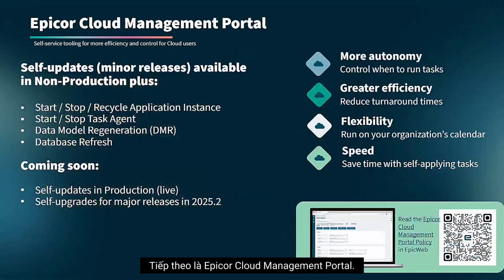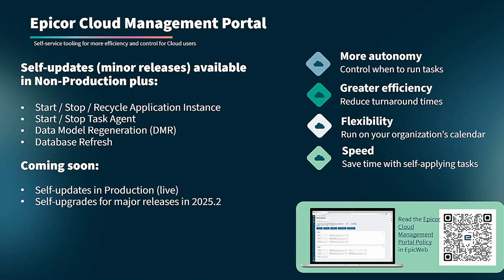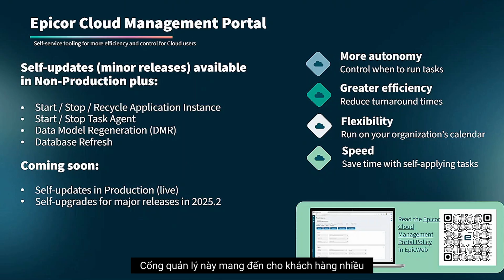Next up is the Epicor Cloud Management Portal. This gives customers more self-service control in the cloud. Now, in the cloud, you can self-update minor releases in non-production, plus handle things like database refreshes and task agent restarts and data model regenerations.